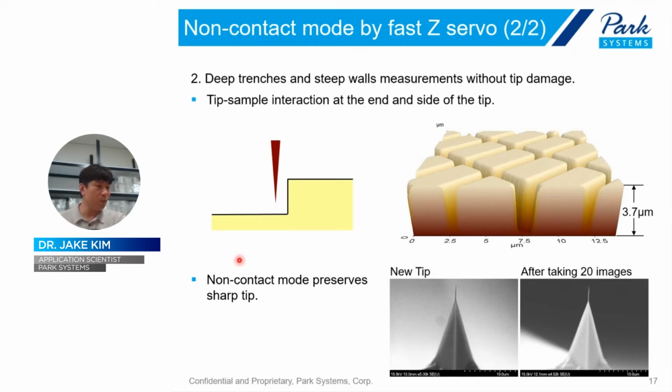However, our system shows very stable performance: from the new tip, and after taking 20 images, you can see this sharp shape is maintained. So this non-contact mode preserves a very sharp tip shape. I can say there is no tip damage.